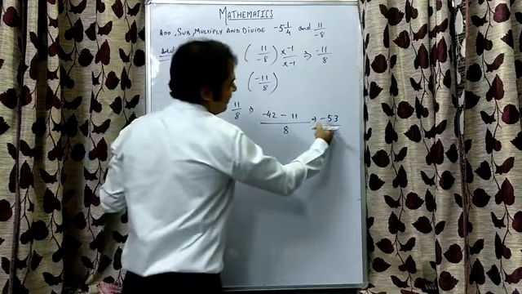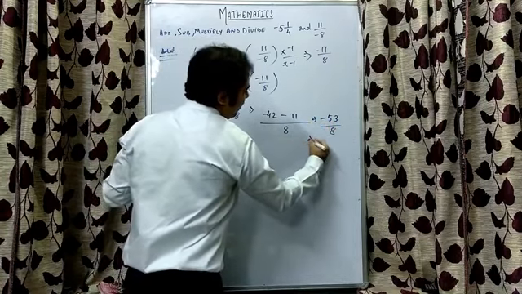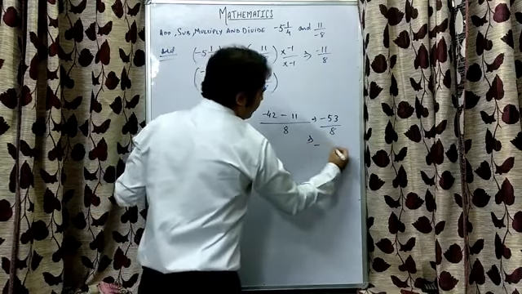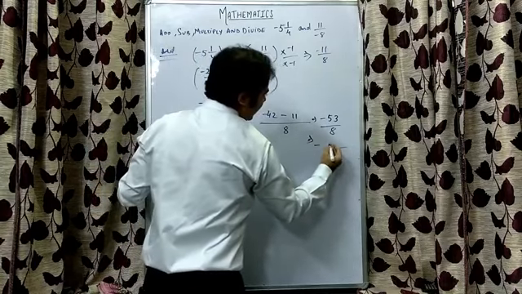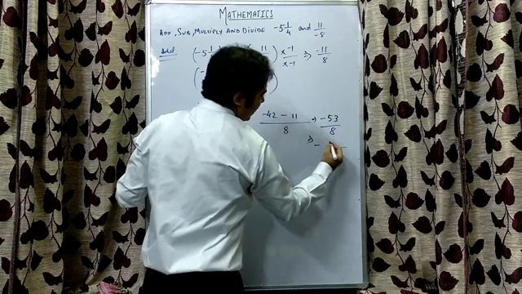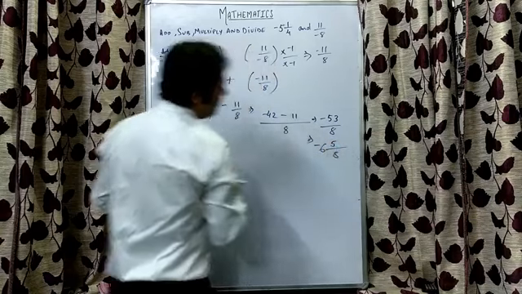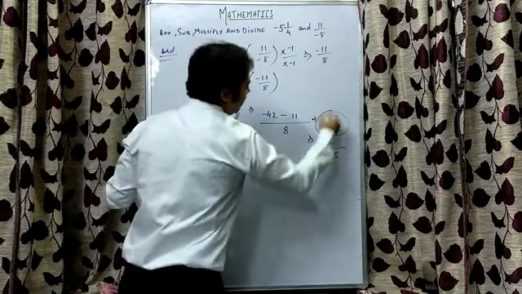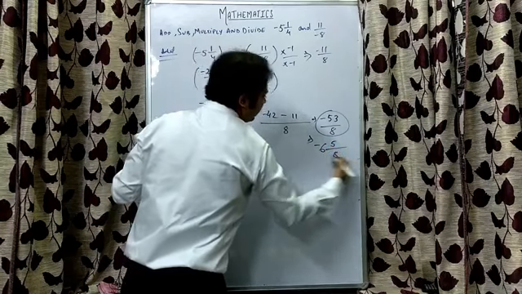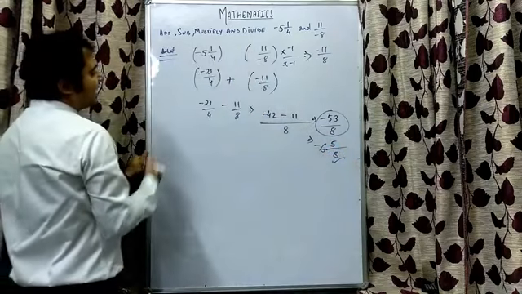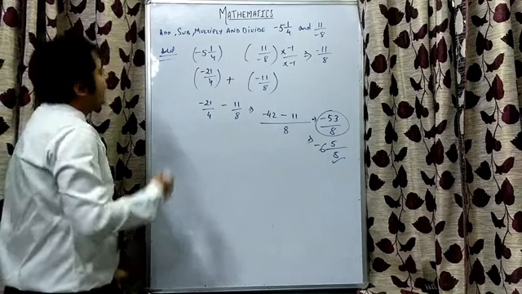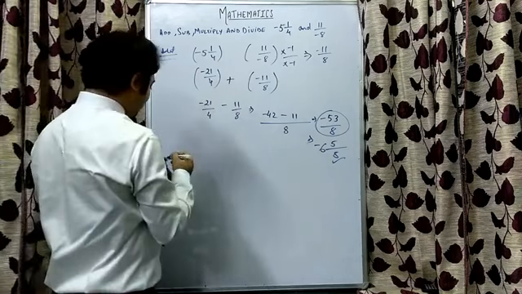So our answer is minus 53 by 8. You can also write it as minus, 8 5s are 40, 8 6s are 48, minus 6 5 by 8. You can leave your answer like this, or if you want you can convert it into a mixed fraction as well.